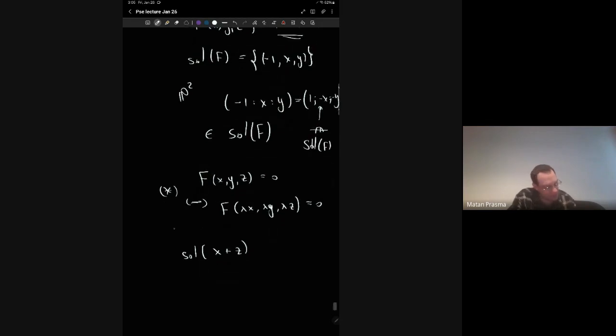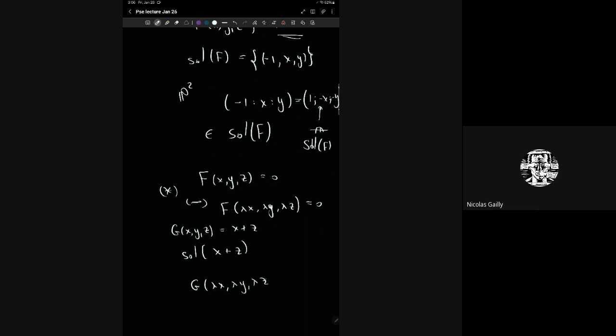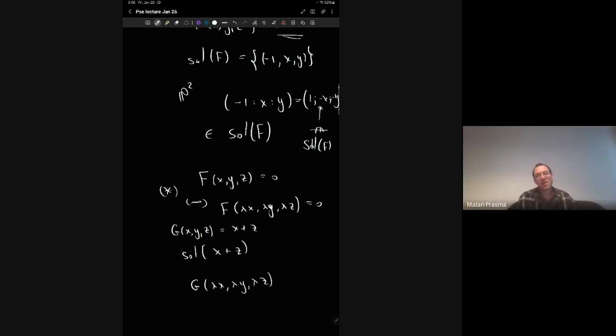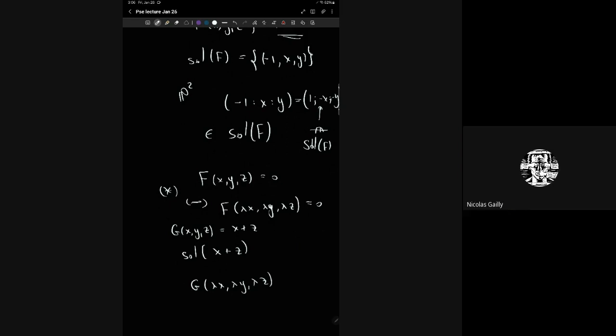Let's call it G. It is a homogeneous polynomial, so if x, y, and z is a 0 of this, namely if x is equal to minus z, then also G of lambda x, lambda y, lambda z is 0. Oh, I see. Okay, so that's the point. Because of this equivalence relation, you cannot talk about zeros of polynomials that are not homogeneous. Makes sense. Okay, right, thanks.